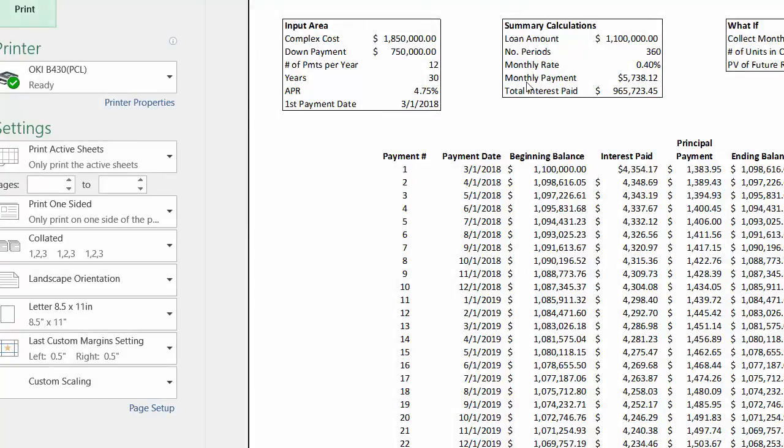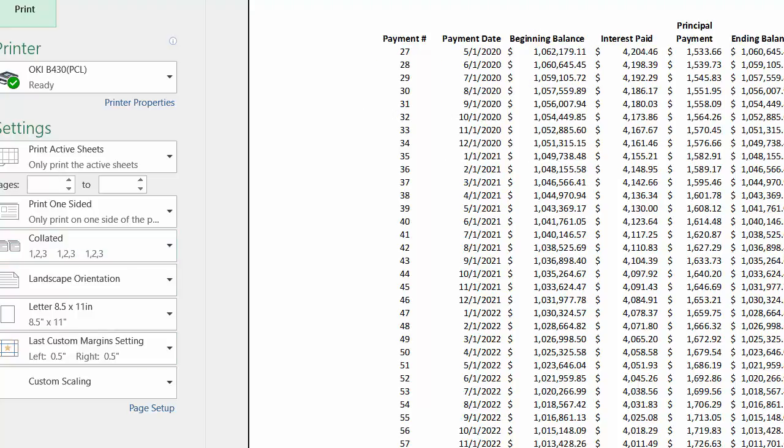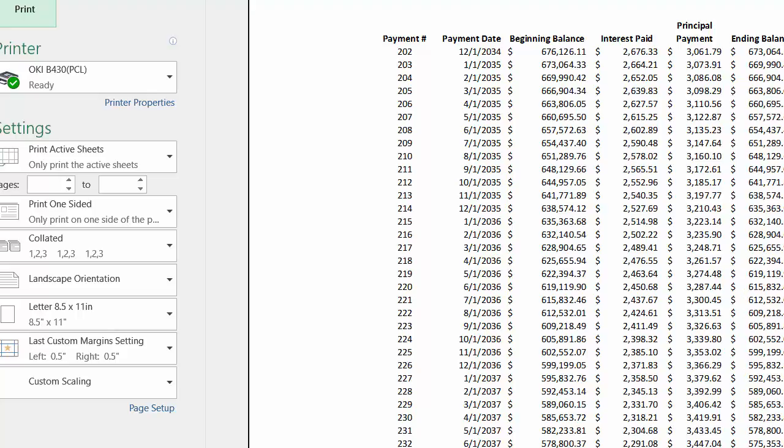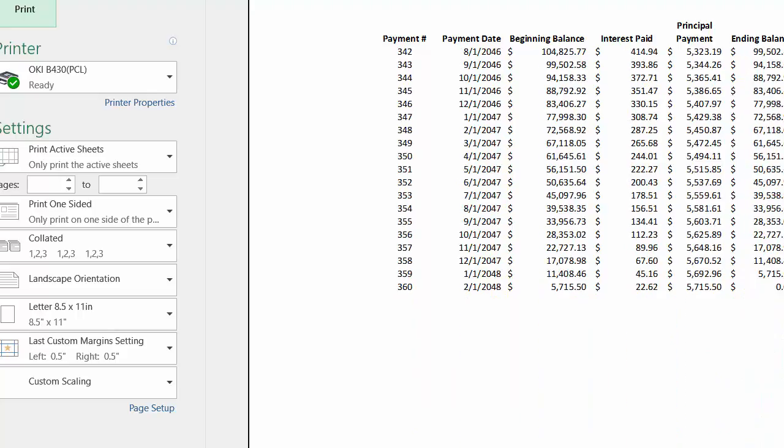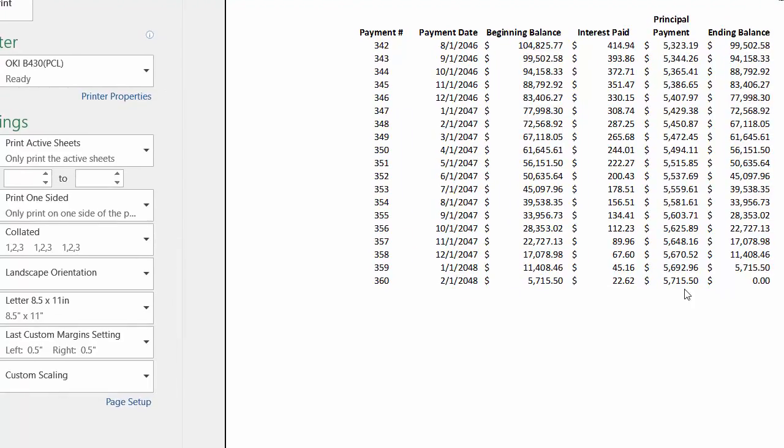Print preview. So now you see that on the first page, we're repeating this row on every subsequent page. So I'll scroll down to the next page, and you can see as I go down, that's what it's doing. And that ends the last portion of the training in class.